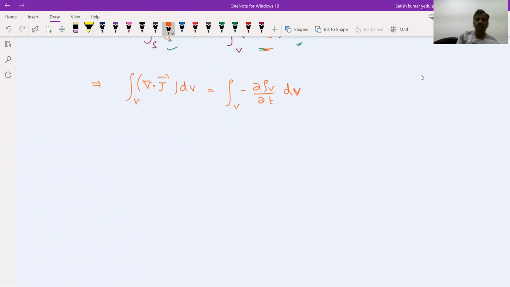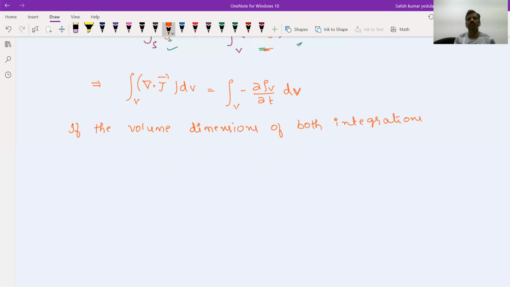You should always say that if the volume dimensions of both integrations are the same, then we can remove the volume integrations.